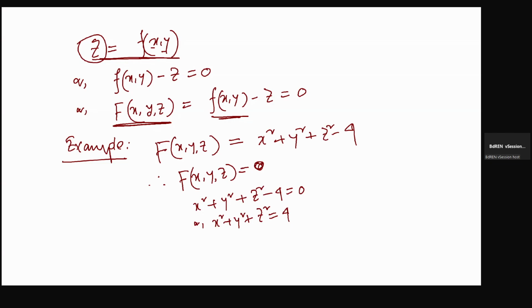Look at that here: this is the equation of a sphere whose radius is 2 and center is 0, 0, 0.